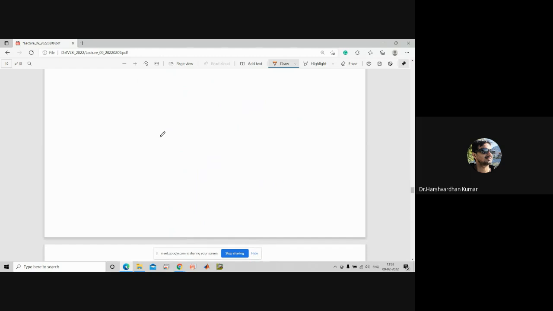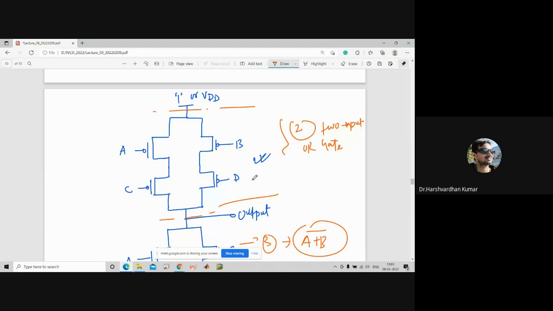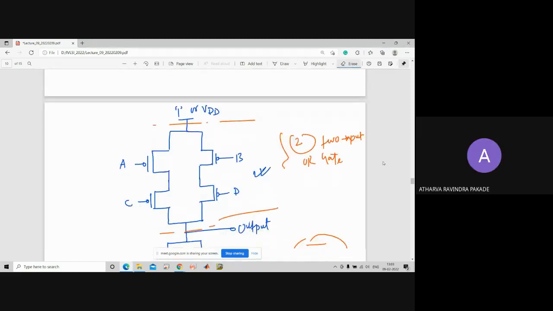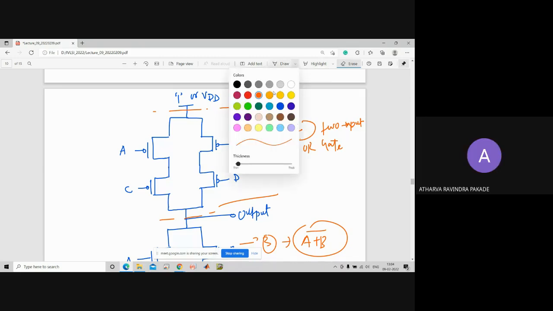So any difficulty here? Sir, in the pull-up part, sir, no, the pull-up part means here you can see. Sir, I have a doubt in that part. Okay, you can say. Sir, yes. In the branch which is having transistor A and C, I think it should be A and B. You are thinking it should be A and B. Sir, if we consider the logics at terminals A B C D as 1, 0, 1, 0.